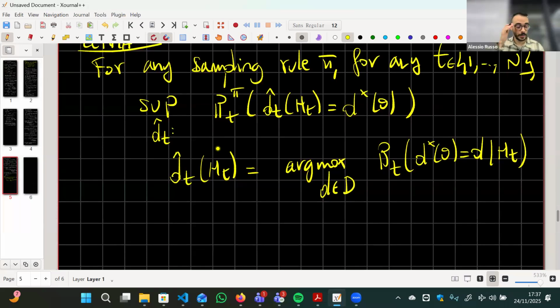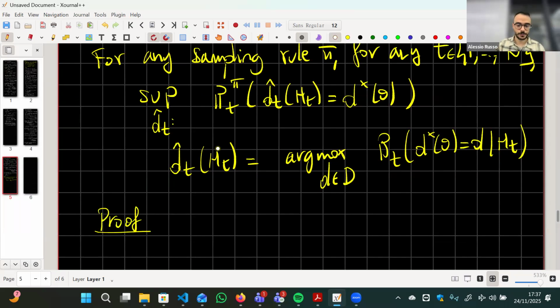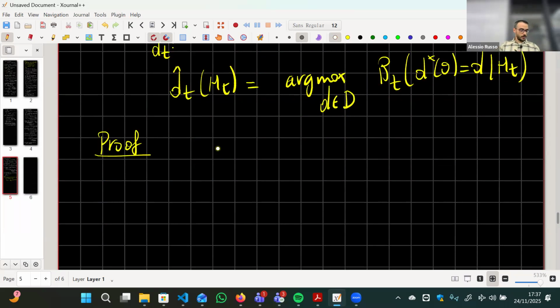And here the argmax might have multiple solutions. In case we have multiple solutions, we introduce some ordering to break the ties. And the proof is quite simple.